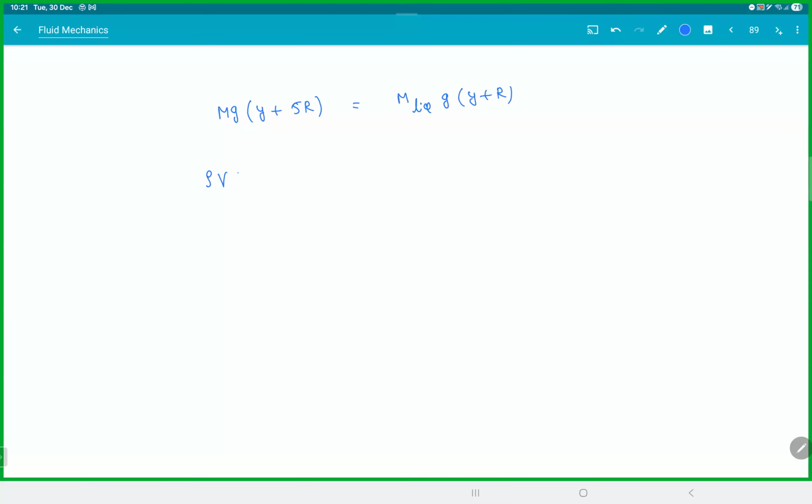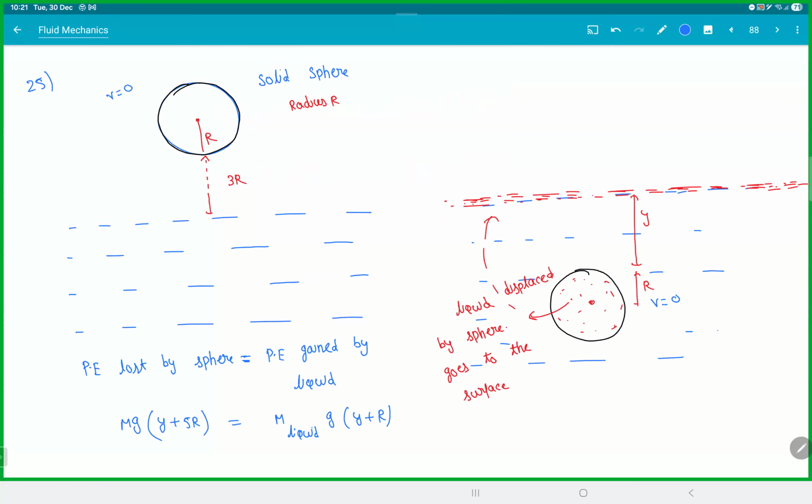It will cancel anyway. Mass of the liquid would be 3 rho, volume g, y plus r. Rho Vg goes off. This would be y plus 5r, will be 3y plus 3r. So that would be 2r equals 2y. So y is equal to r from the surface. So if you take from center to center, the answer is 2r.